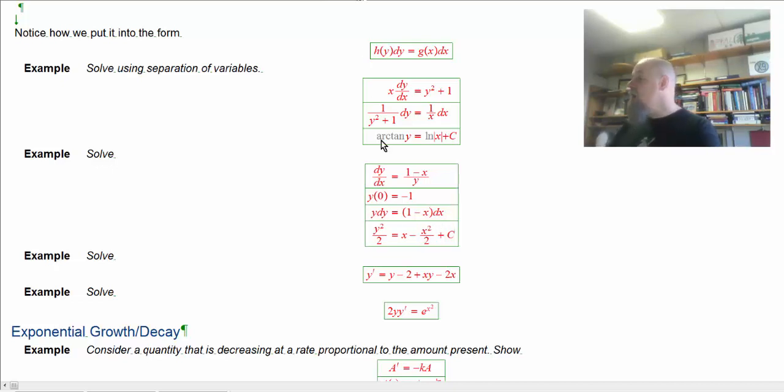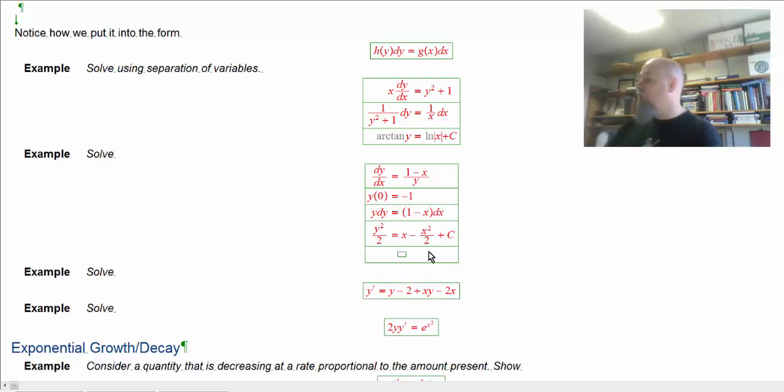Plus c. Now they've given me an initial condition. When x is equal to 0, y is equal to minus 1. So that's going to let me figure out what the c is.